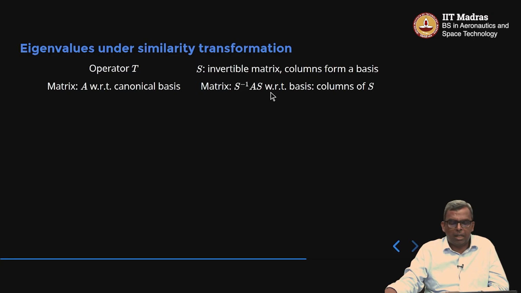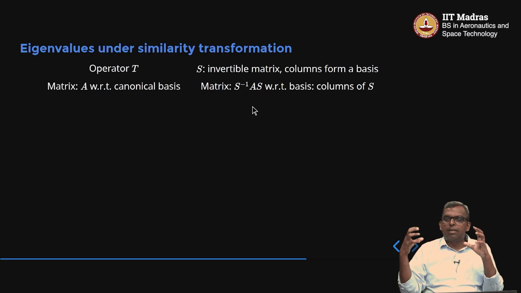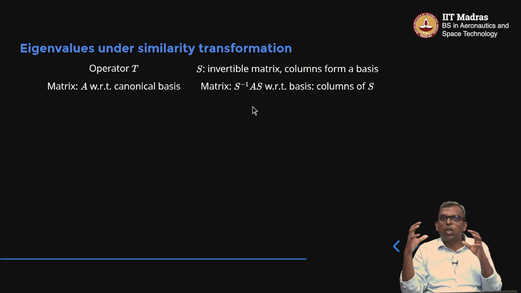We have seen it in multiple places. So, whenever you have an invertible matrix S, you go from A to S inverse AS, the operator remains the same, the basis changes, and the matrix changes. Okay, so this is a very important idea. So A and S inverse AS in some sense represent the same operator. They don't represent different operators.